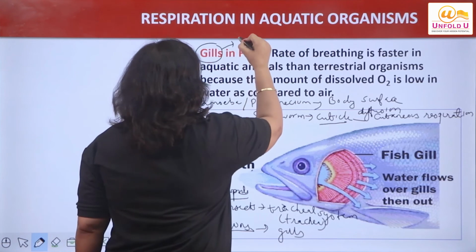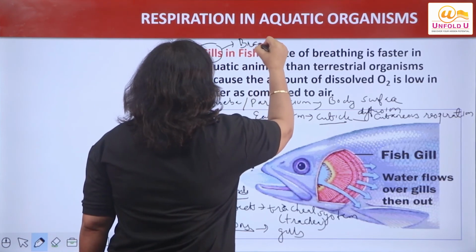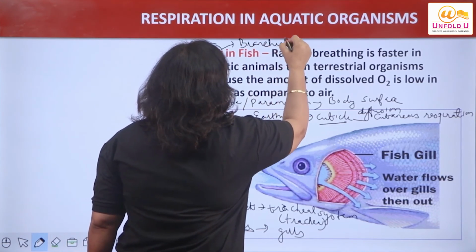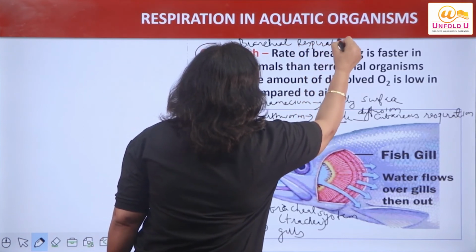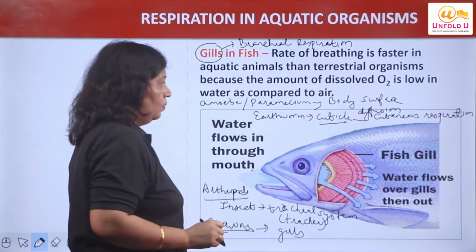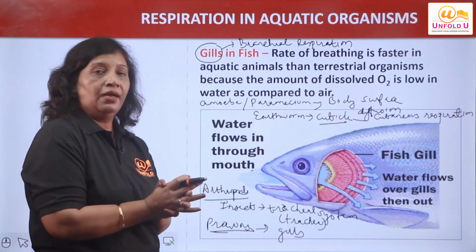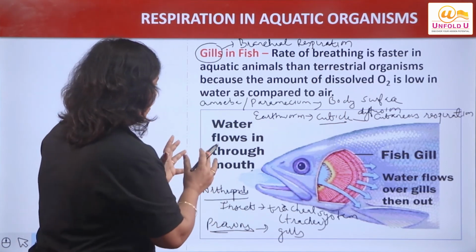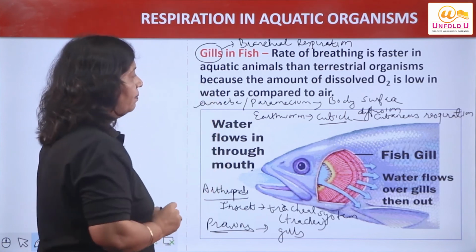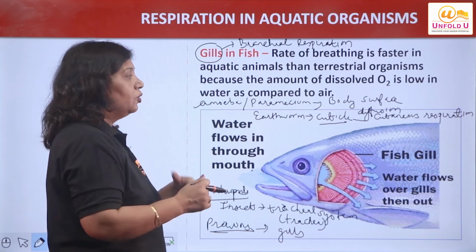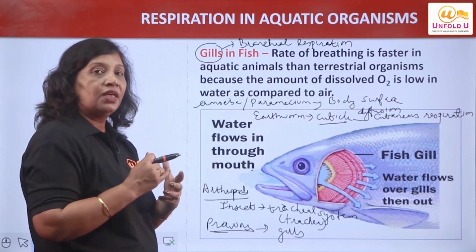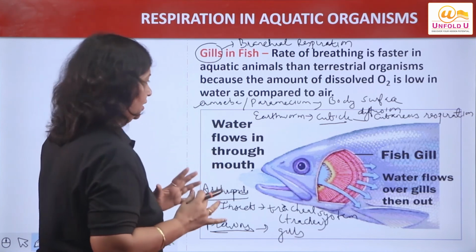And this type of respiration in fishes we call branchial respiration, right? So we are comparing the respiration in different organisms. For amoeba or paramecium, the lowermost unicellular organisms, how is the exchange of simple gases done? Through diffusion from the body surface.